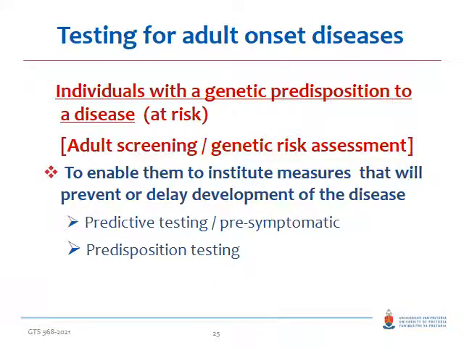If, however, testing will enable a person to institute measures that will prevent or delay the development of the disease, it might be worthwhile for an individual to test. We distinguish between predictive, or so-called pre-symptomatic, and predisposition testing.